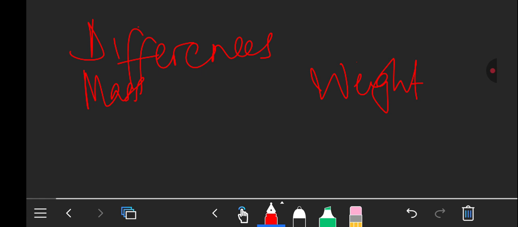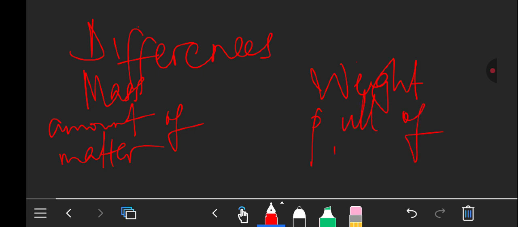One of the differences lies in the definition. We said mass is the amount of matter. That's one difference we noted. But weight is just the pull of gravity.